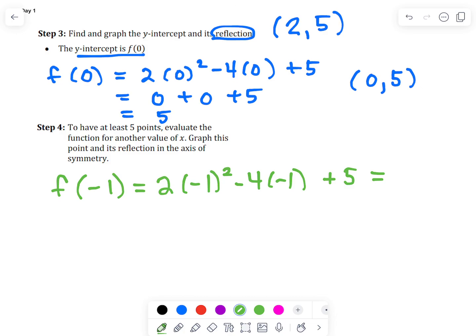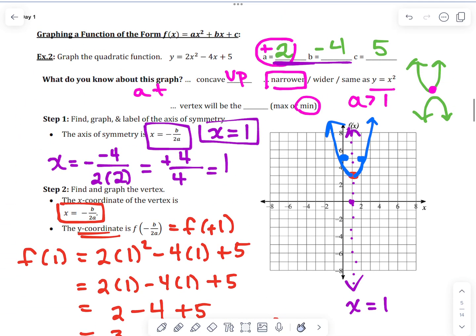I'll let you pause and do that, or type it in your calculator. And we get the ordered pair (-1, 11). So then we would go up and graph that point, right up about in there.